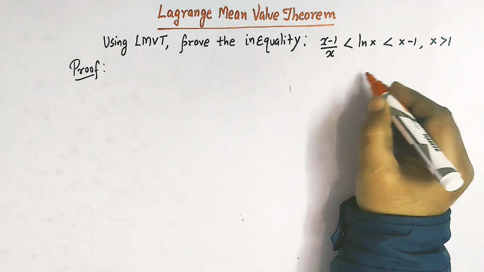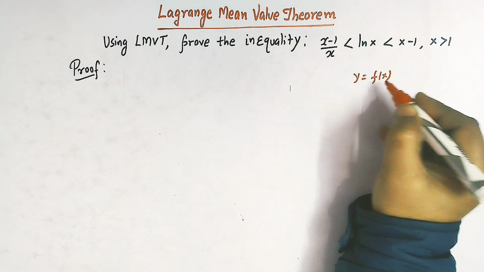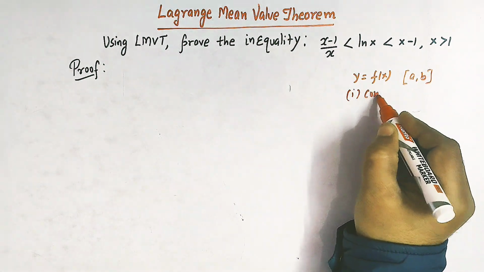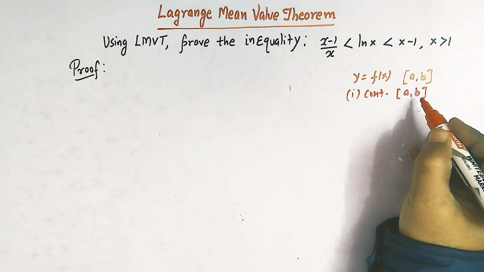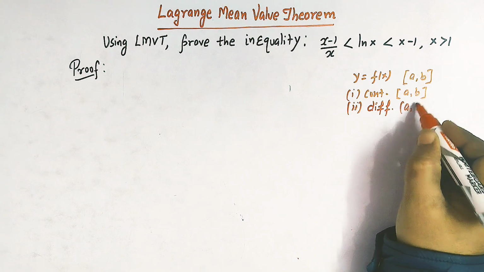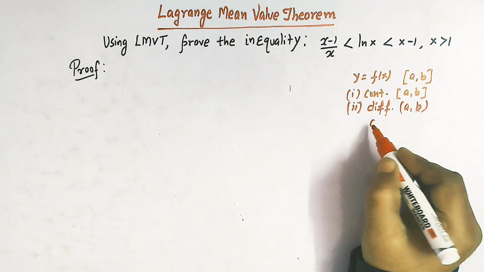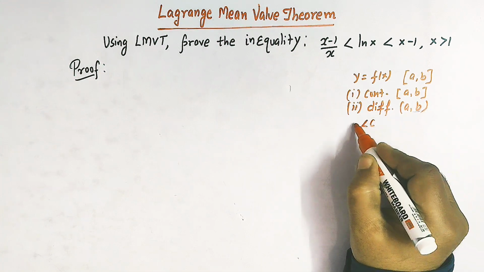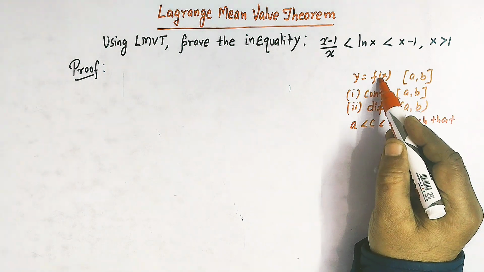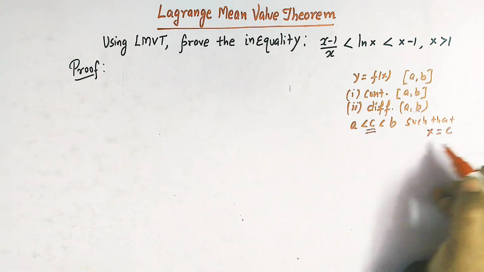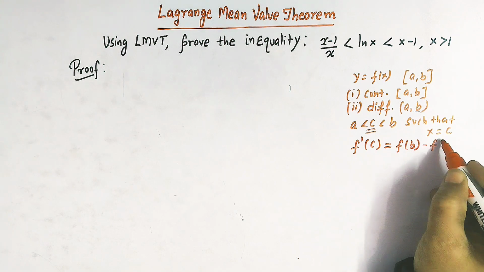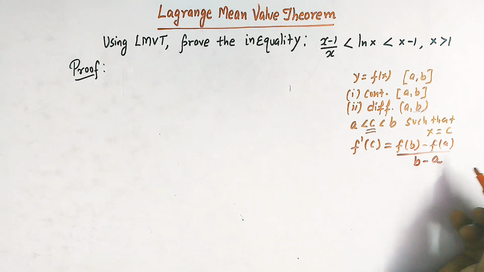So the mean value theorem says that if we have a function y is equal to f of x defined in some interval, say a comma b, and if this function is continuous in the closed interval a comma b, and this function f of x is differentiable in the open interval a comma b, then there must exist at least one point c lying between a and b, such that the derivative of this function at x is equal to c, that is f prime of c, is equal to (f of b minus f of a) divided by (b minus a), right?